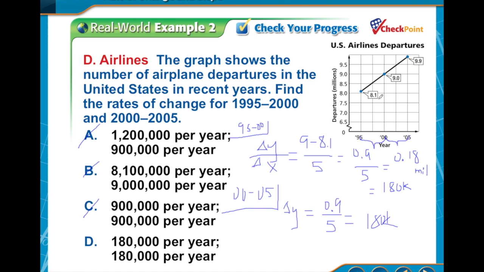A rate of change is the same. Another way you can tell it doesn't change between all these years, this line is perfectly straight, isn't it? It's not getting steeper, it's not getting flatter, it's staying the same. So the rate of change is constant throughout this whole period. So 180, 180 again. Our answer is definitely D. There are 180,000 more departures every year for all 10 years.